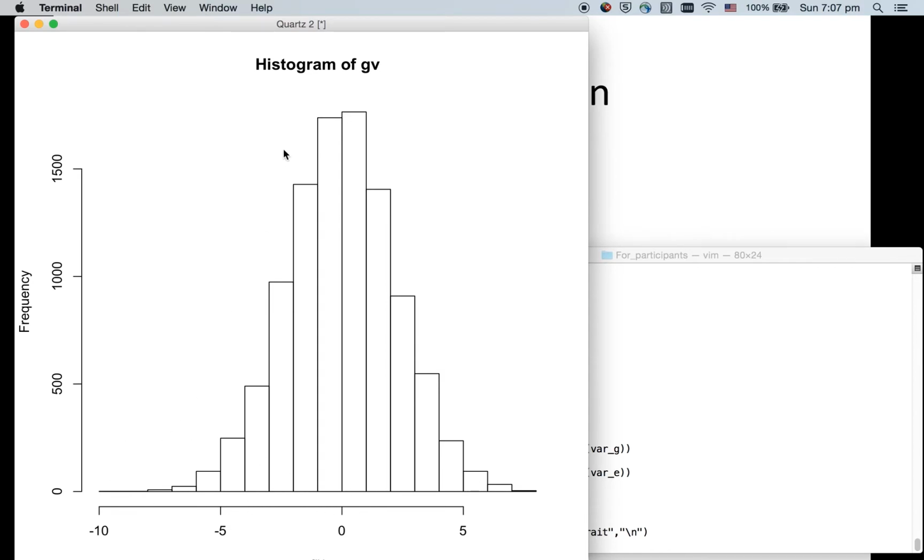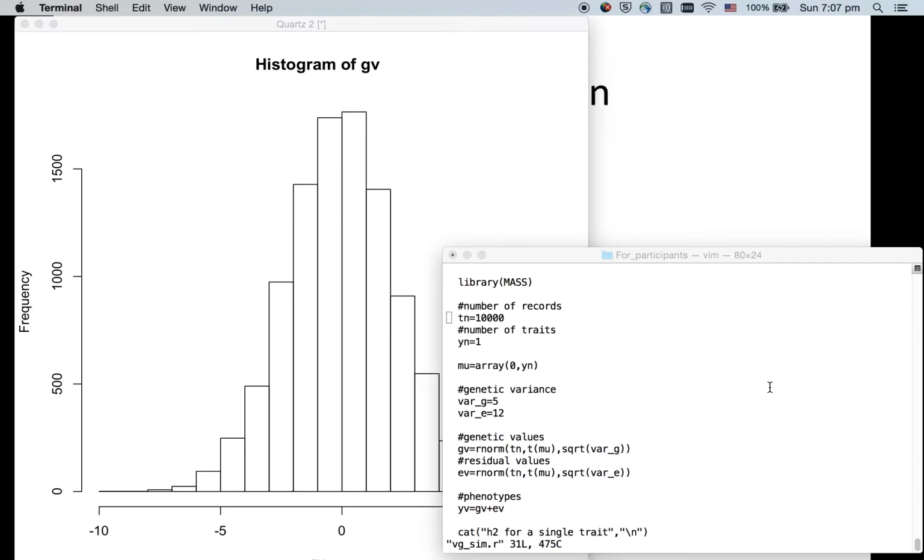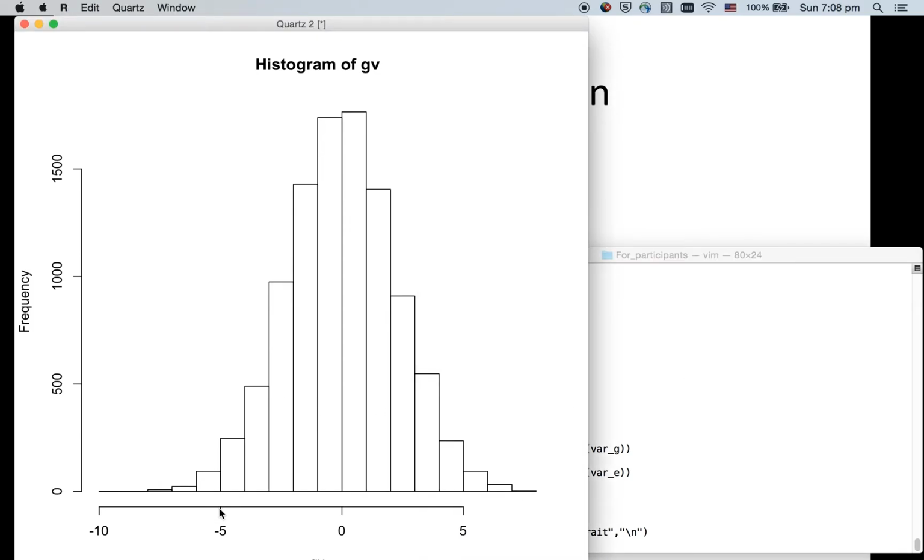This is normally distributed with mean 0. That is what we simulated. Also, the genetic variance we simulated was 5, so this around 5 is one standard deviation, as I showed in the lecture. This is the distribution of the values.